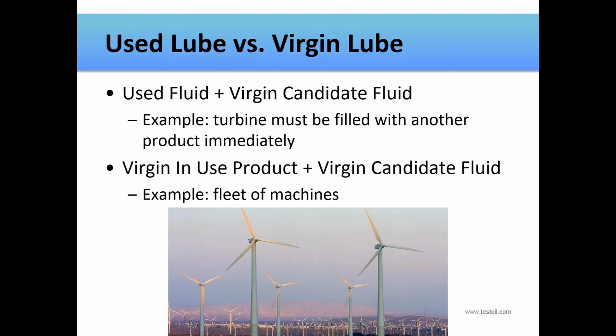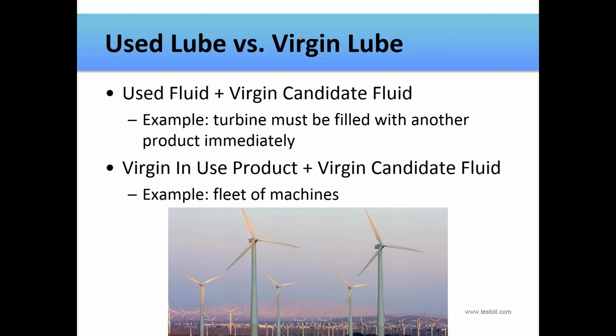So when it comes to our specific needs and details of the situation, it can also help to decide whether to test mixtures of only the virgin sample of the product in use or virgin samples of just the candidate products, or if mixtures of the in-service fluid should be mixed with the virgin candidate fluids.